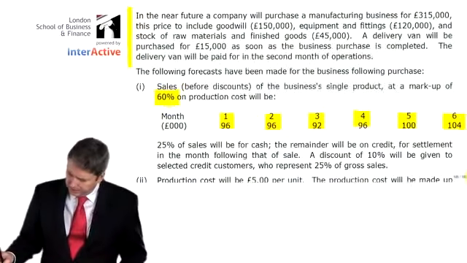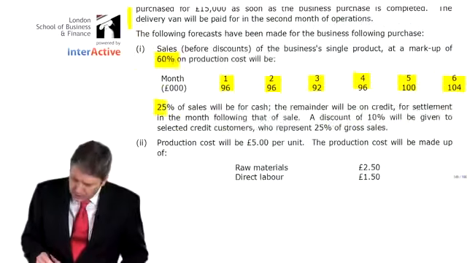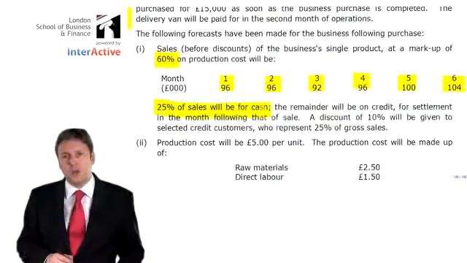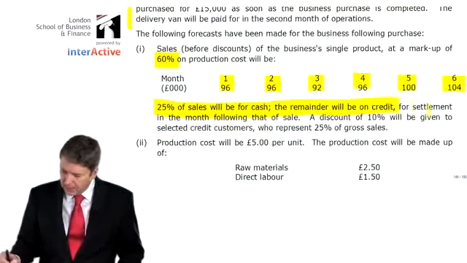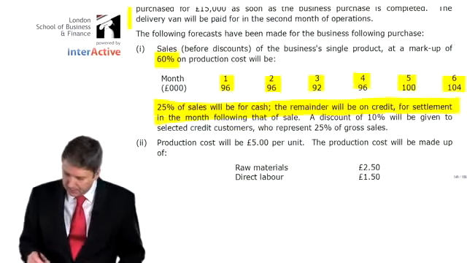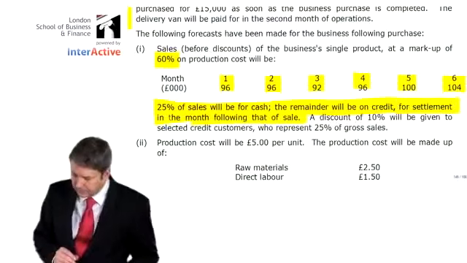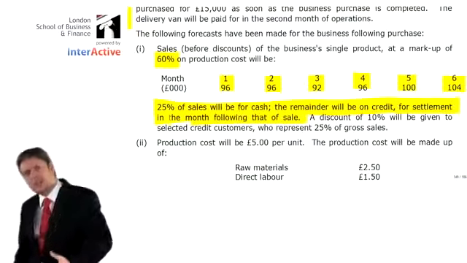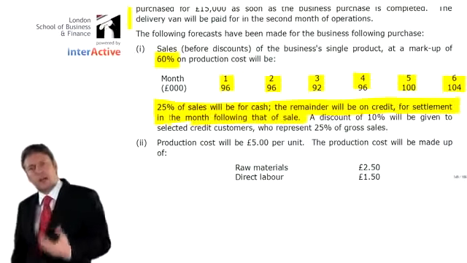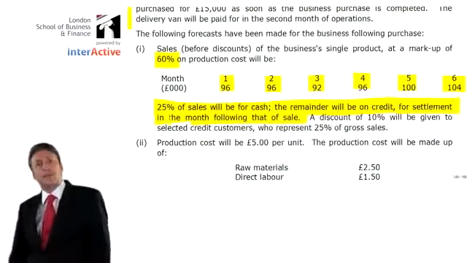If we read below, 25% of sales will be for cash. The remainder will be on credit for settlement in the month following that of sale. Well, my view with anything like this is we take it sentence by sentence, line by line. So shall we stop there and prepare our working?